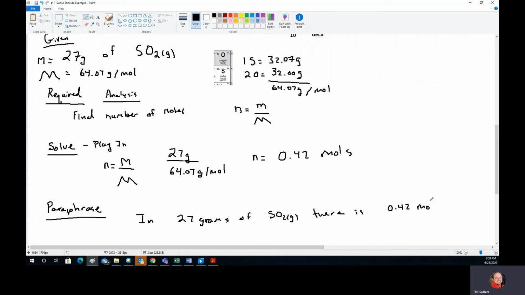You can also use this as your last check, like, have I answered the question? Does my answer make sense? If the molar mass is 64 grams and we only had 27, yeah, this is kind of making sense. That's not quite half, because half of 64 would be 32. So yeah, that definitely makes sense, 0.42 moles. It's your last check. Okay, that's how to solve one like this. Talk to you later, Science 10.